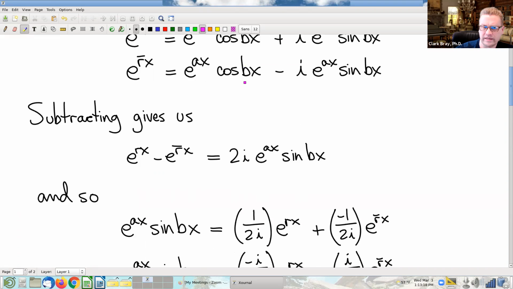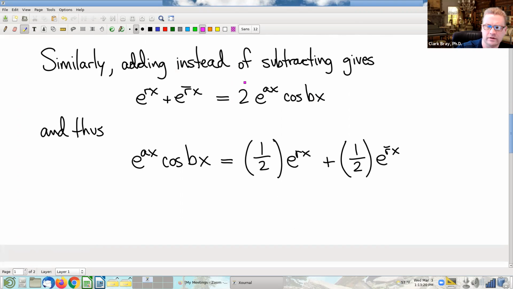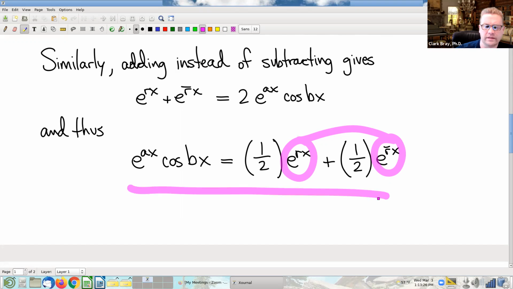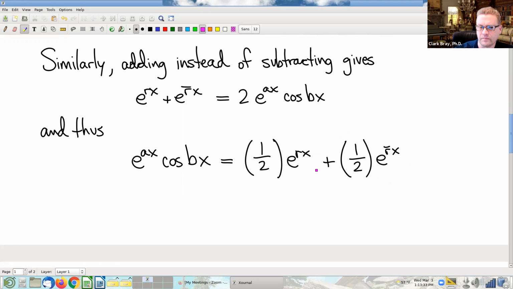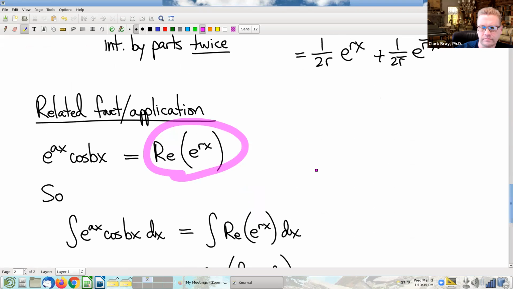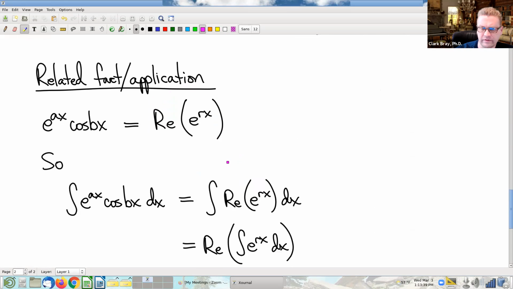Or coming down here to this formula, these two functions have the same real portion. So again, it immediately follows that this is 1/2 plus 1/2, namely 1 times the real portion. Okay. So having observed that, this is morally equivalent to the algebra above.